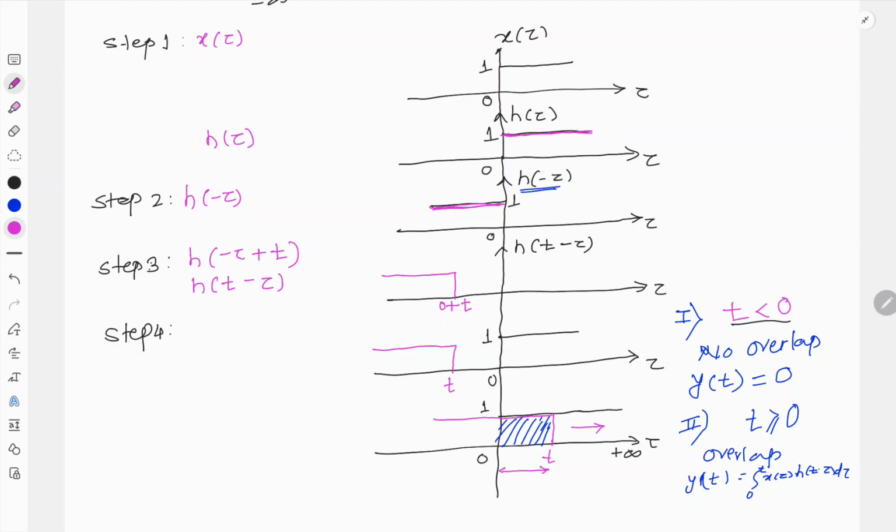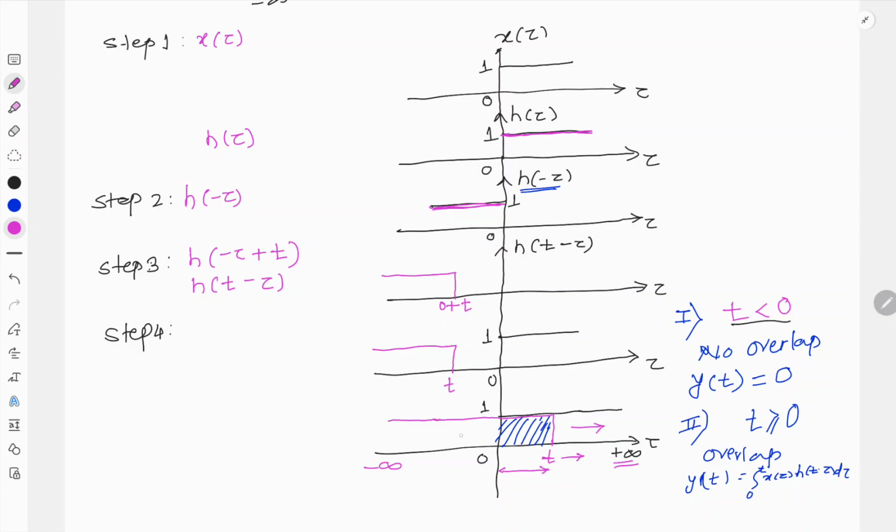If we look at this h of t minus tau signal, it is approaching towards negative infinity. And if we consider this point t, and shift this t point further by any amount, it will never cross this positive infinity. So our upper limit will always be t in this case.